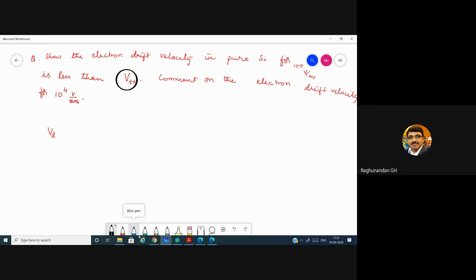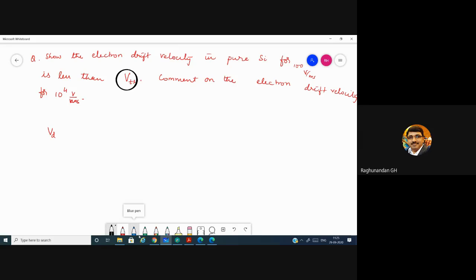Okay. So now what they're asking is you need to show that drift velocity is less than thermal velocity in a pure silicon conductor. That is what they have asked. So what you should do is find out Vd, that is drift velocity, and Vth.